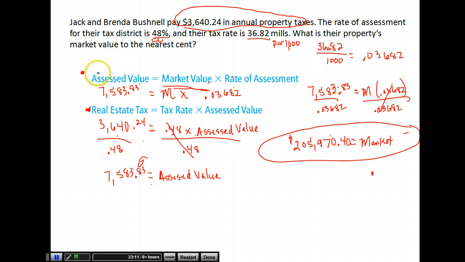We then came to this formula, put in the assessed value. It's equal to the market value, which we did not know, times the rate of assessment. Do not forget your rate of assessment to do the mills, which means to divide it by 1,000. Okay, and then we divided both sides by that rate of assessment to get our market value.